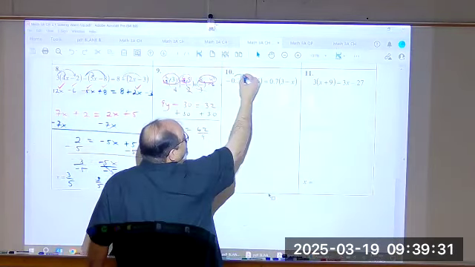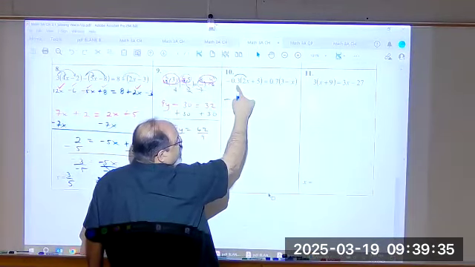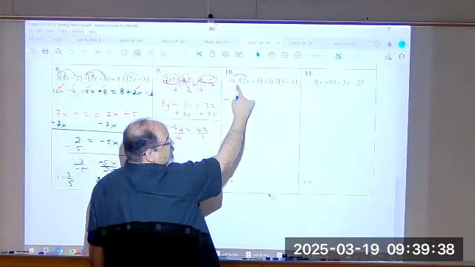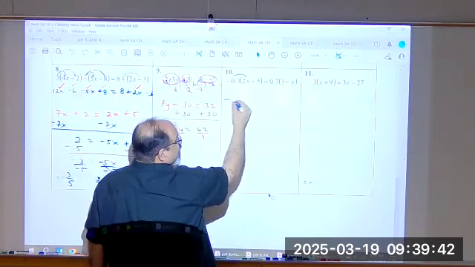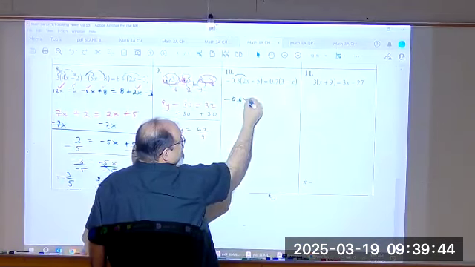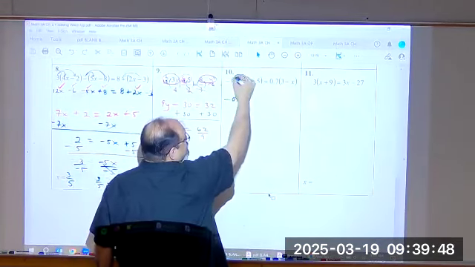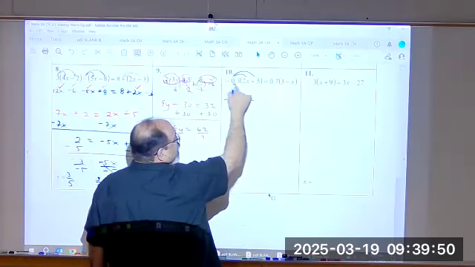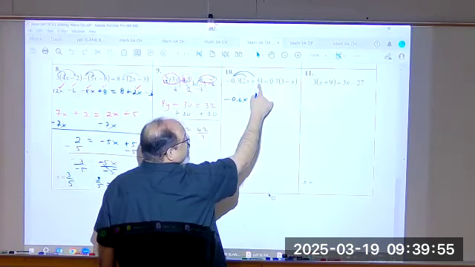A negative times a positive is going to be a negative. 0.3, that's 30 cents. 30 cents times 2 would be 60 cents. So this is going to be negative 0.6x. Negative times a positive, that's going to be a negative. 30 cents times 5, that's $1.50.